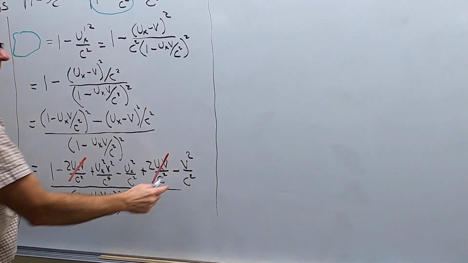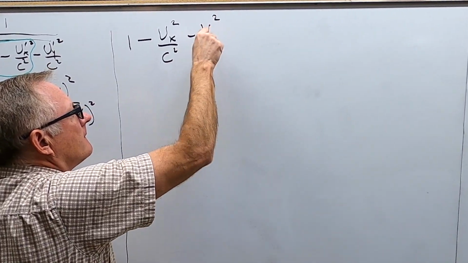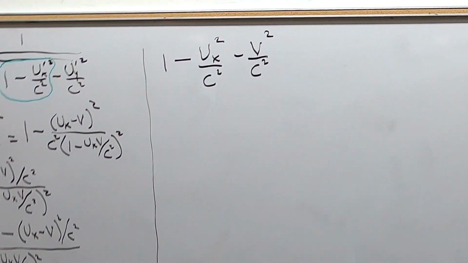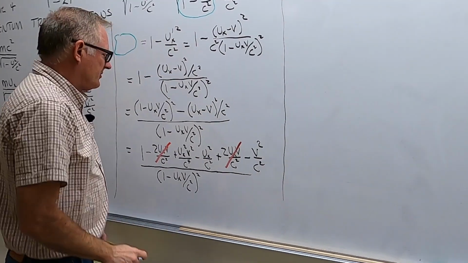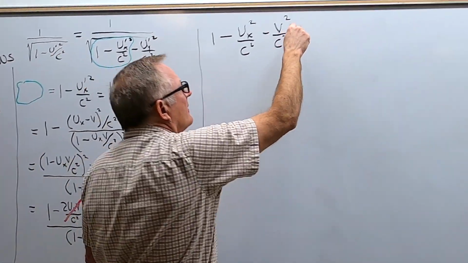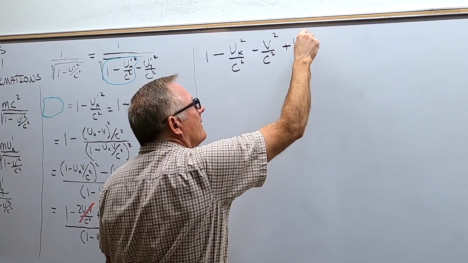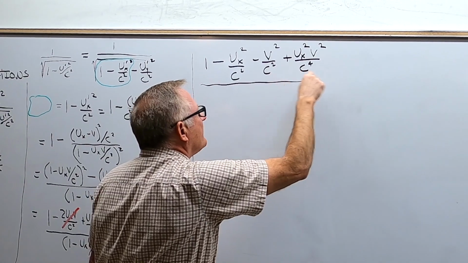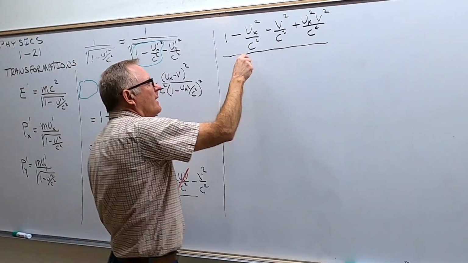Minus v squared over c squared. Plus ux squared v squared all over c to the fourth. We still got that same denominator, 1 minus uxv over c squared, squared.